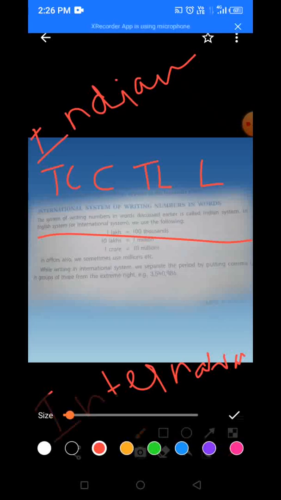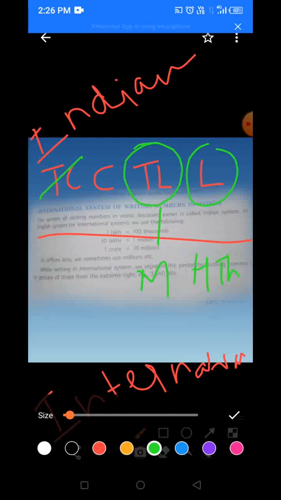The international system doesn't use lakhs. So here where you write lakh, it will write 100,000. Again, after that, 100,000. And for 10 lakhs they will write million. Okay, 10 crores we don't study here, we'll study in the next class, but up to crore we will study.